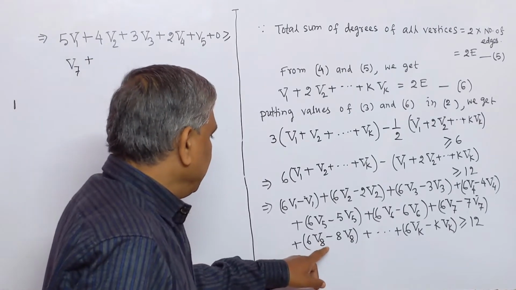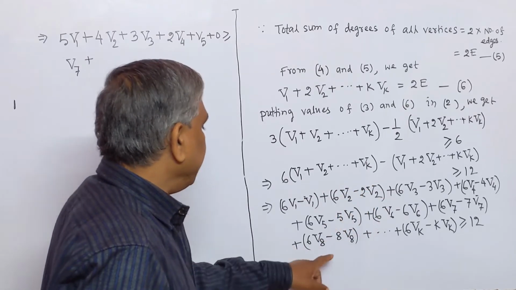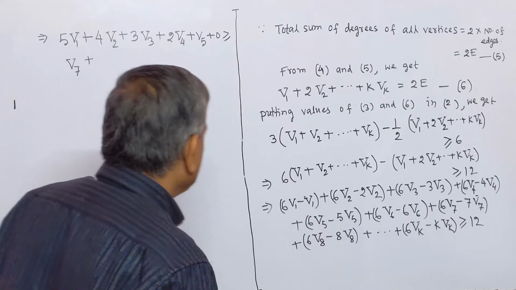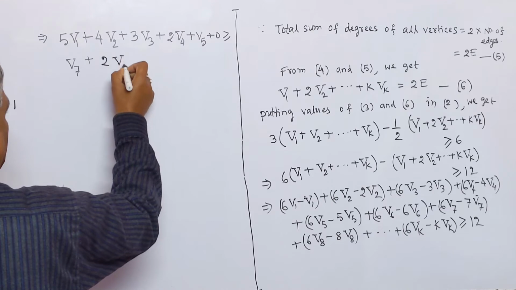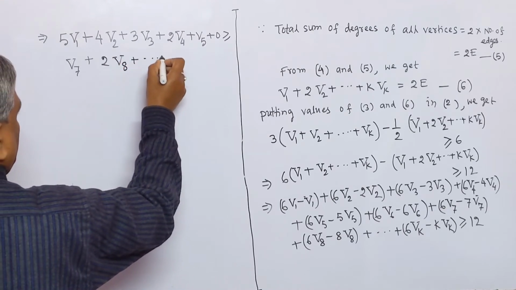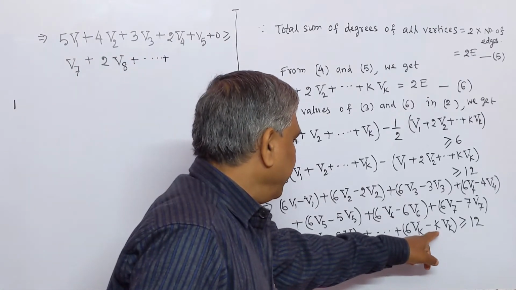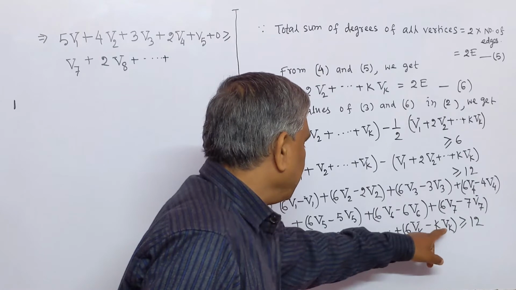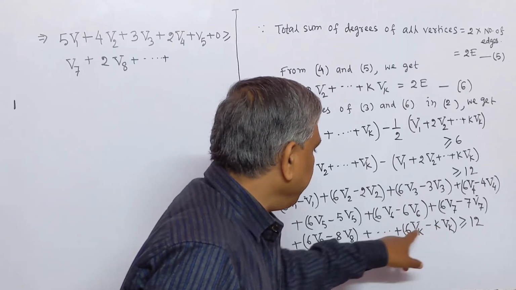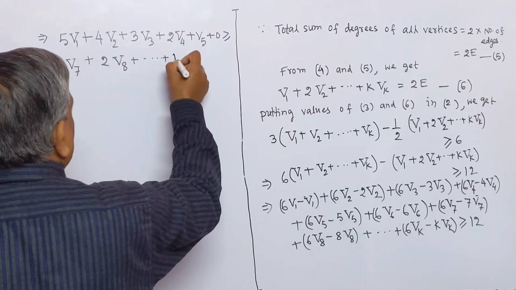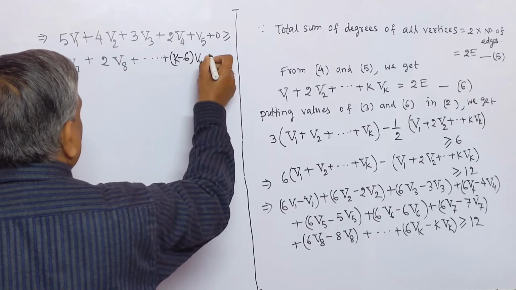This is 6V8 minus 8V8. This is minus 2V8. We take this negative quantity to the right side, plus 2V8, plus dot dot dot dot, plus. Here we take common Vk: 6 minus k, we take to the right side, then k minus 6 Vk, plus 12.